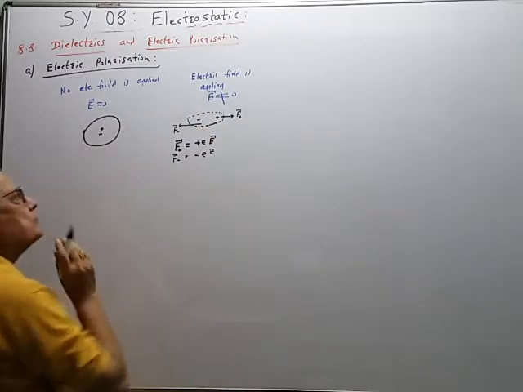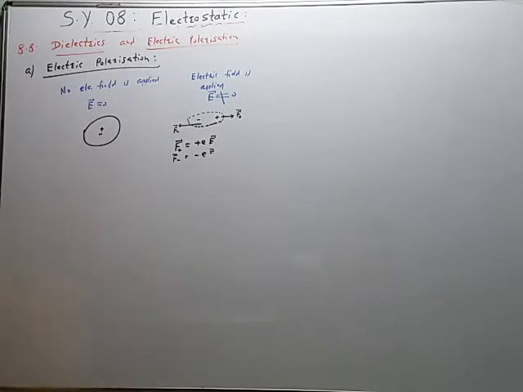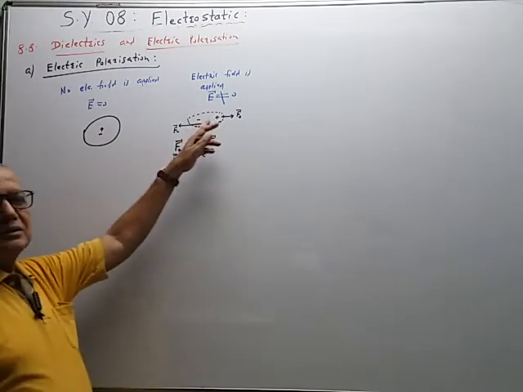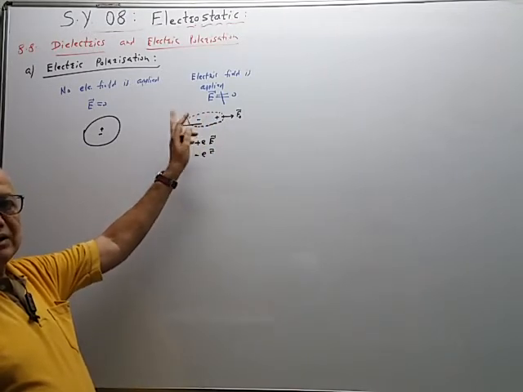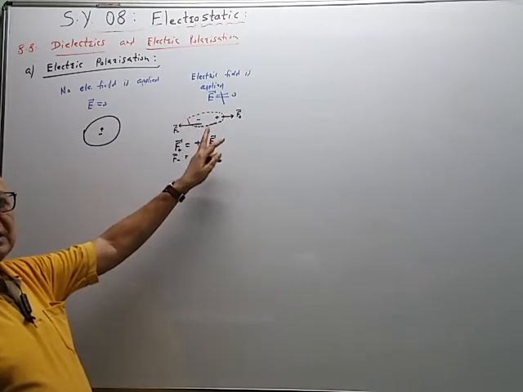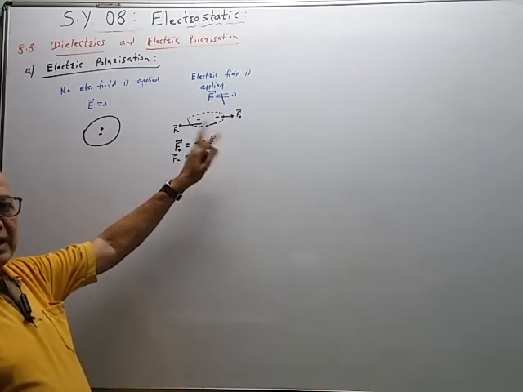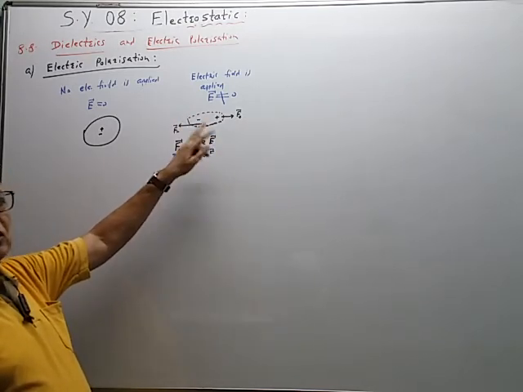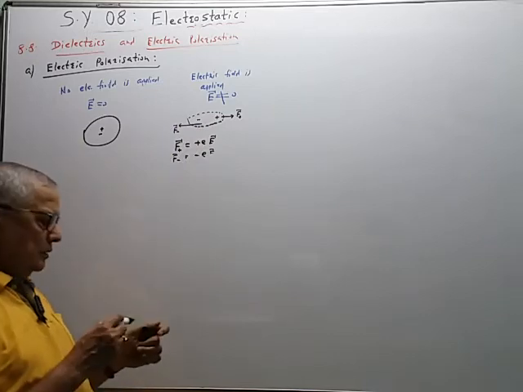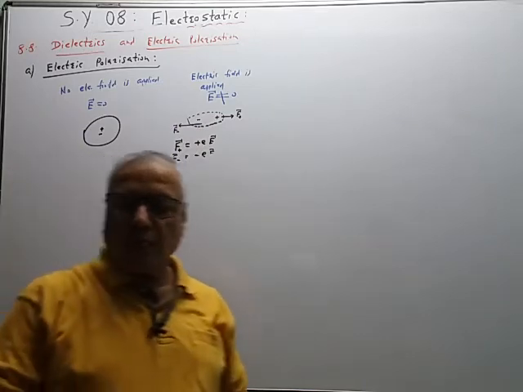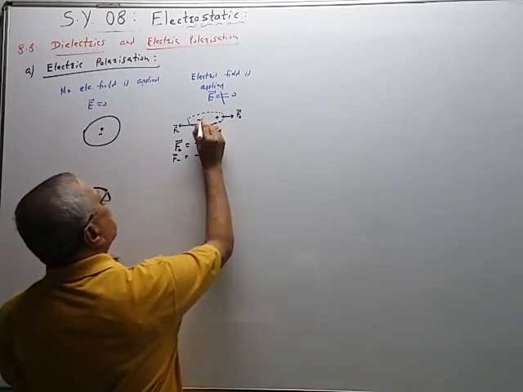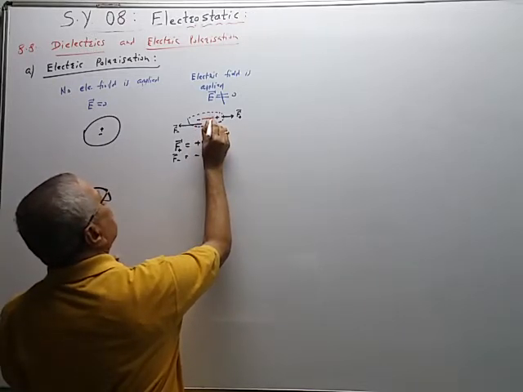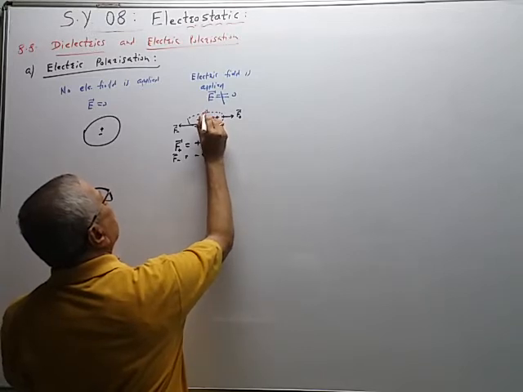Due to the displacement of the positive and negative charges in a molecule in opposite direction, they possess some dipole moment. So this is the dipole: two charges equal in magnitude, opposite in sign, and separated by a distance. So the substance possesses the dipole moment. We know that dipole moment is always directed from negative to positive, and it is equal to vector p, and it is not 0.